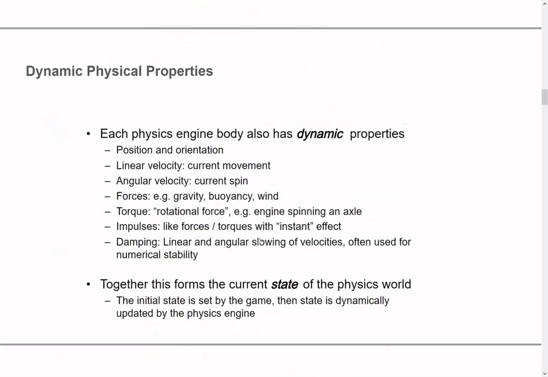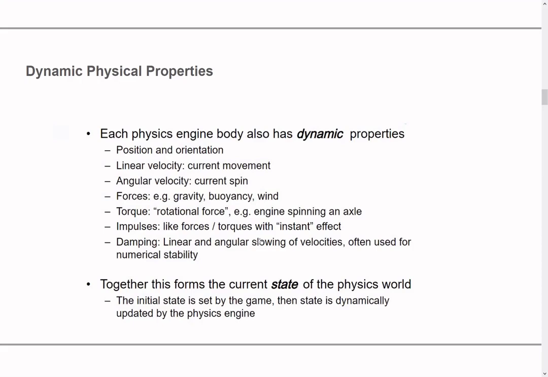Now, when we come to the dynamic properties of a physical body, there are the position, the orientation, linear velocity, and angular velocity. We will be looking at all of these in the upcoming slides. Then forces, torque, impulses: all of these come under the dynamic properties of a physics engine body.